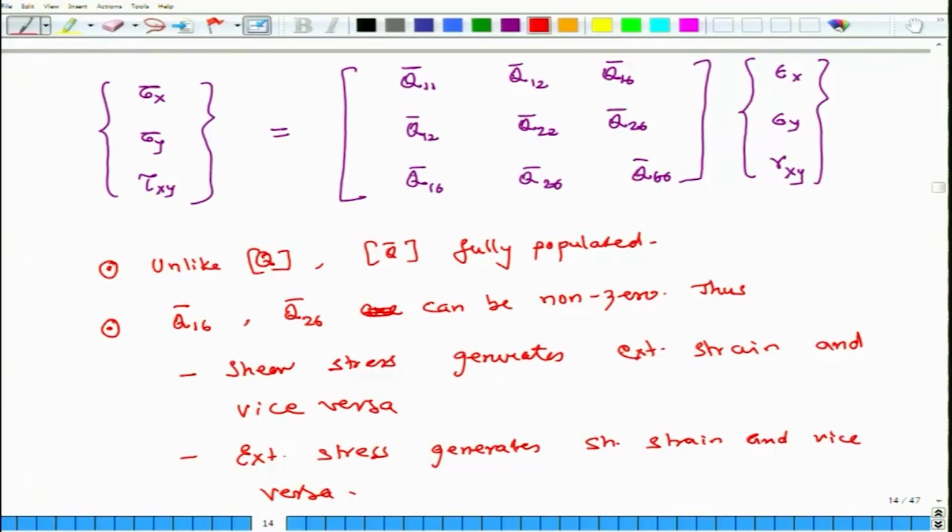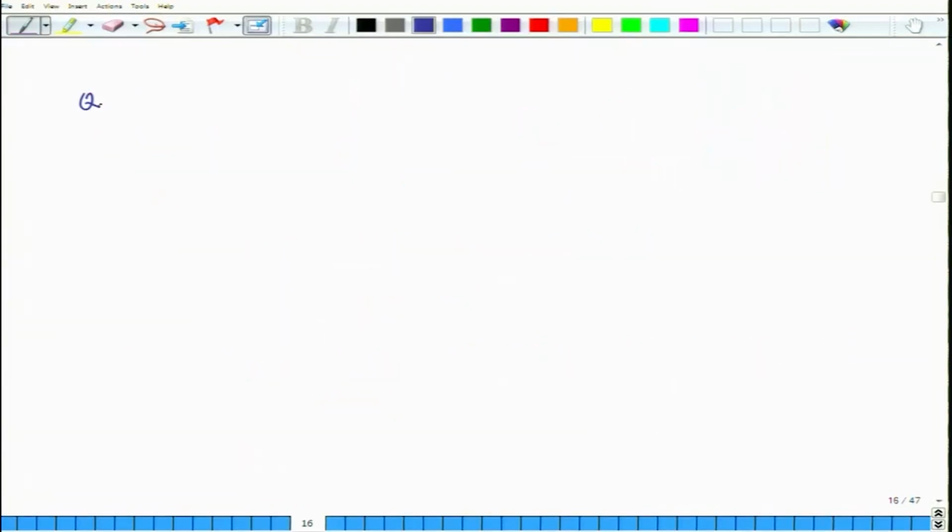So, this is the overall theory. For purposes of completeness, we will write down the exact relations between different values of Q bar and Qs.